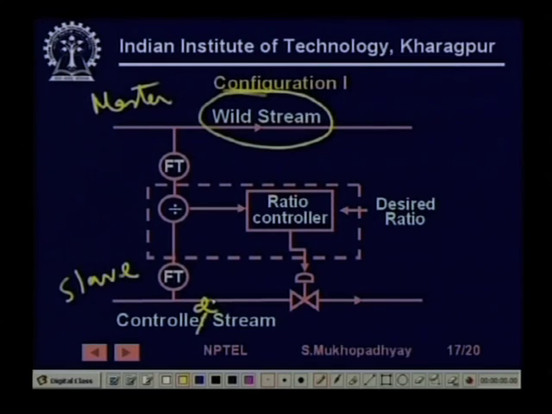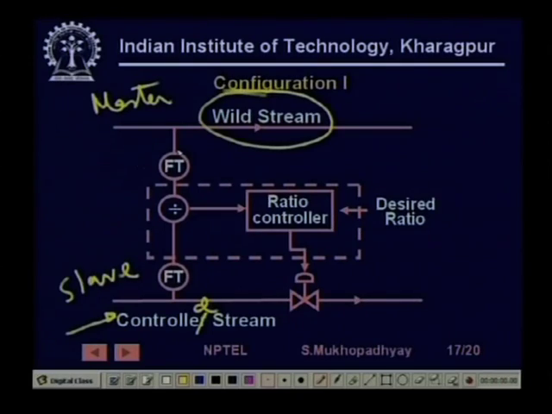Our idea is that if the wild stream changes, we must change this stream in such a manner that the ratio of the volumetric flow rate in the wild stream and the volumetric flow rate in the controlled stream is maintained as constant, right.